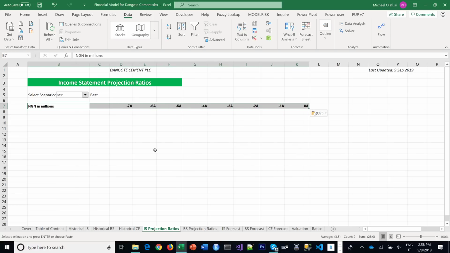I tell it to expand. You'll notice the years have gone, they are not looking the way they were here.